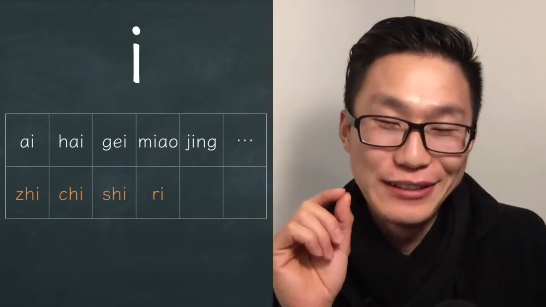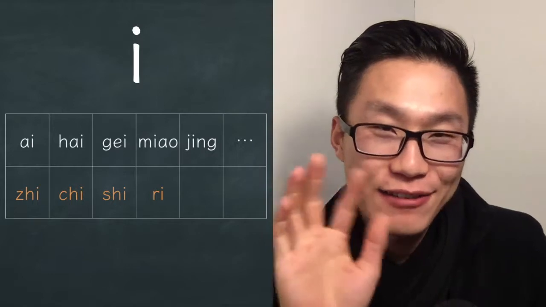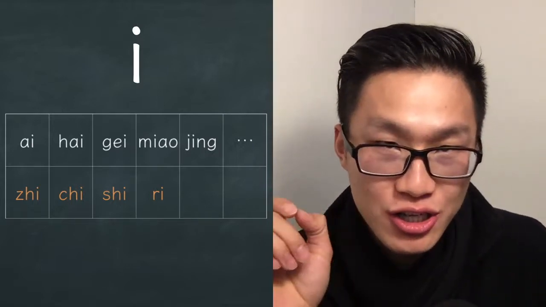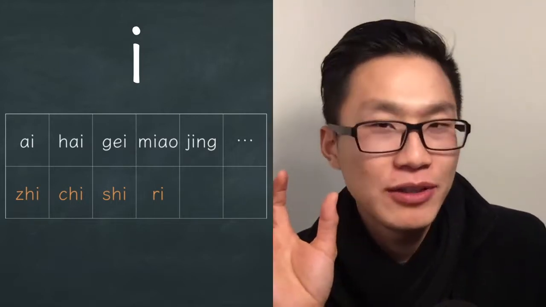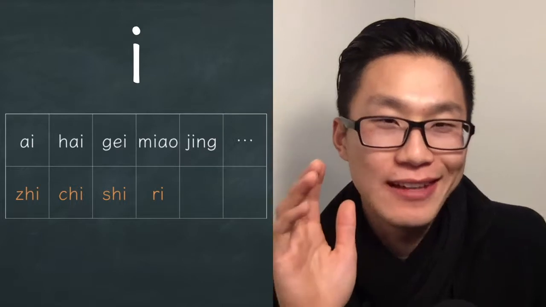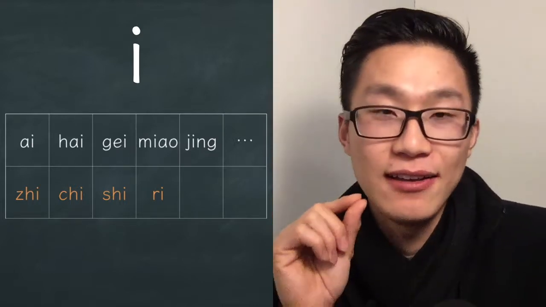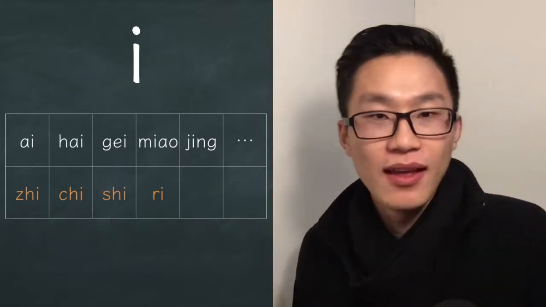Okay, so if you find the sounds, the difference between zhi, chi, shi, you can't find the difference between them, just stay with me for a few more minutes. We are going to address this very soon, right after this.